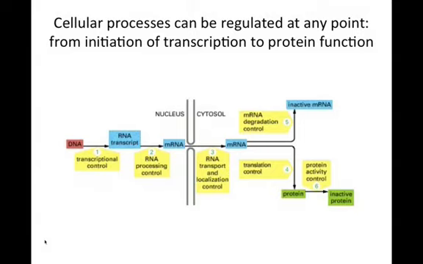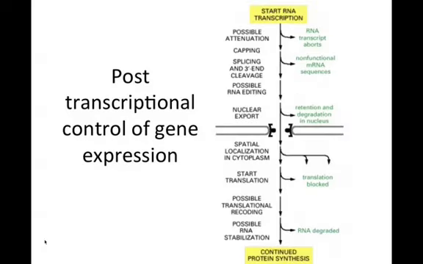So when it's time to turn off a process, you can ubiquitinate and target that protein that's critical to doing whatever job needs to be done in the cell. You can target that protein to be degraded, and then it shuts off the process. Okay, so we just went through this.